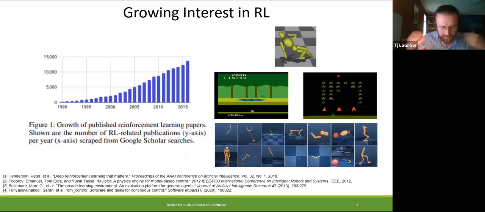Wonderful. So to give some motivation of why I'm interested in revisiting Rainbow, since the introduction of DQN, reinforcement learning has witnessed a dramatic increase as described by Deep Reinforcement Learning That Matters, which is a seminal paper that came out a couple years ago that a lot of people cite.